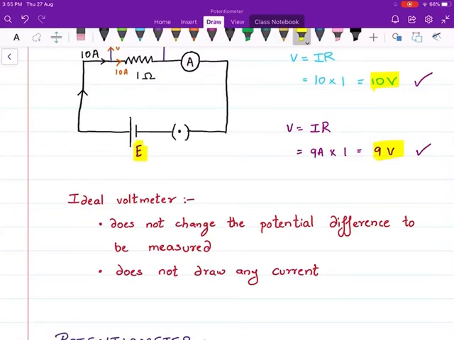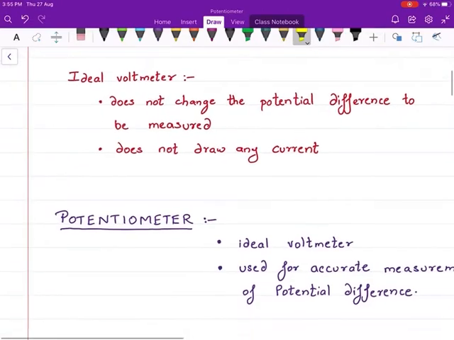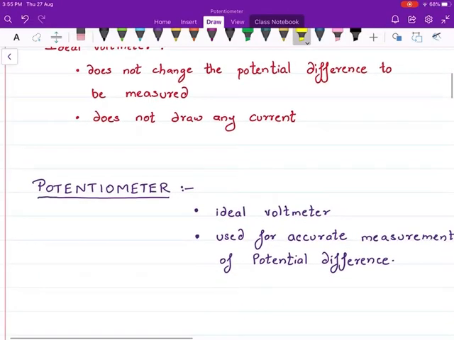It is impossible to have a voltmeter which fulfills these two criteria, but we do have an instrument which gives an accurate reading of the potential difference and which does not draw any current, and that is the potentiometer. So potentiometer, we can call it as ideal voltmeter.